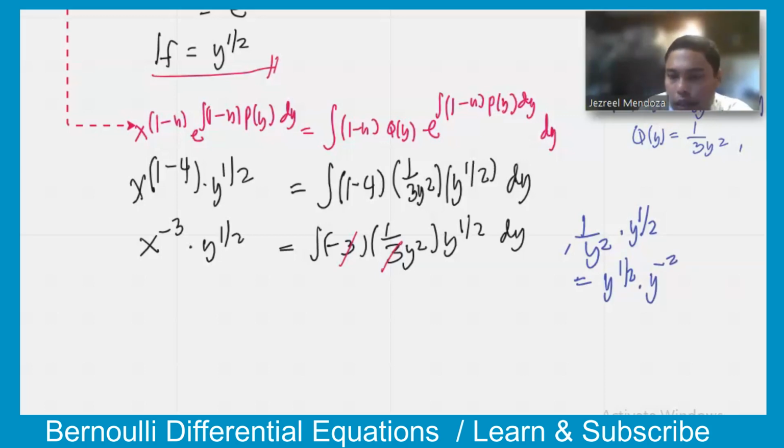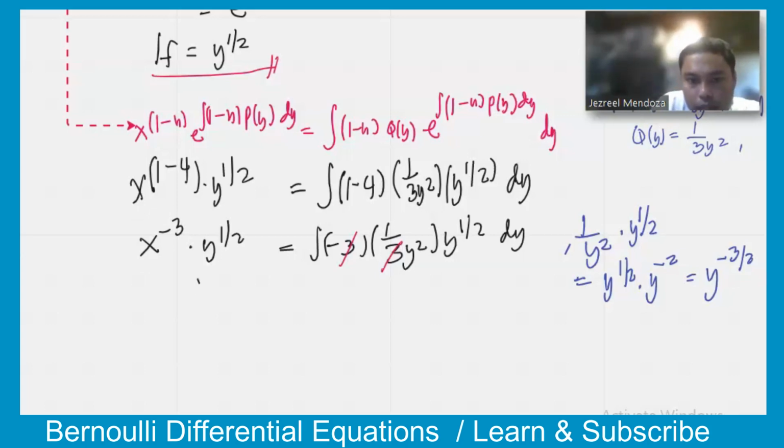This denominator, let's move to the numerator. That will become 1/2 minus 2. Then the answer is negative 3/2, so this is y to the negative 3/2. Okay, and then let's rewrite this one. This x to the negative 3, we can move down to the denominator.